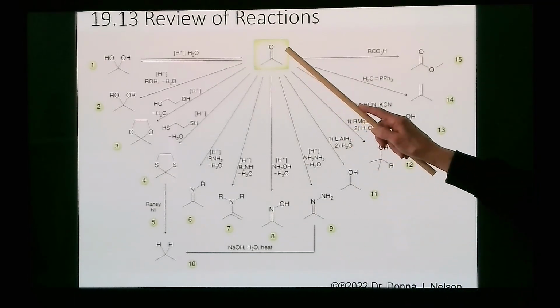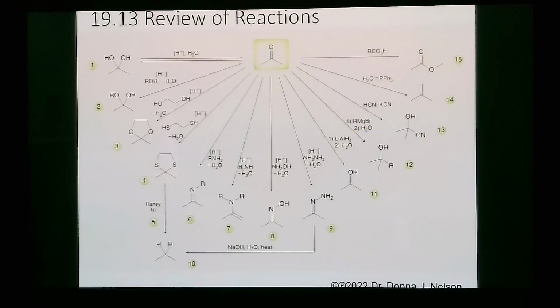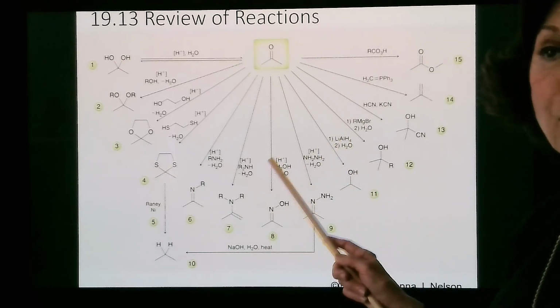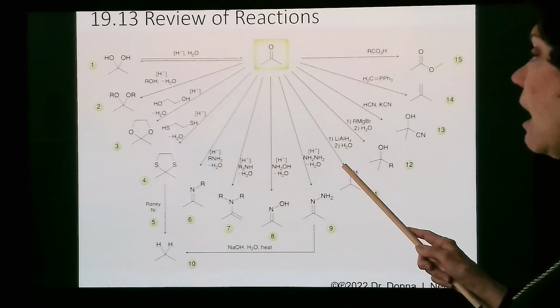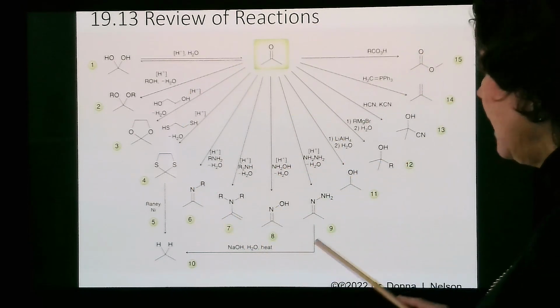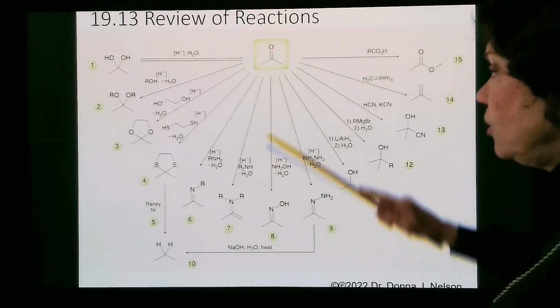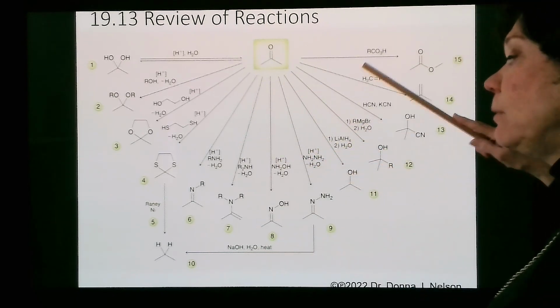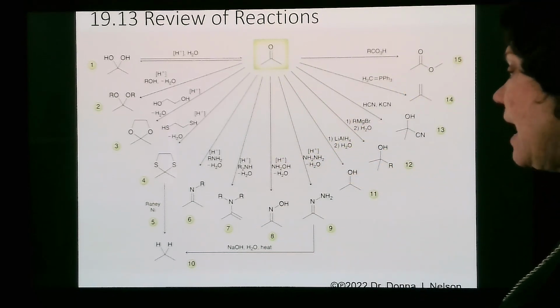And finally, this is a nice review of reactions. These are the reactions that we've seen carbonyls can undergo. So this is a review of the reactions that you've had in this chapter, chapter 19. And so once also, you can print this PowerPoint slide off and use it as a study aid to help you be able to remember these reactions.